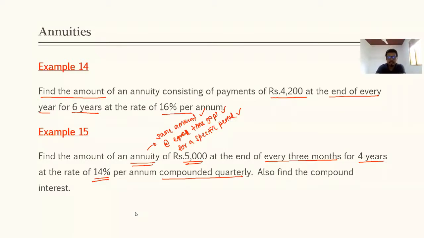What is the future value of this annuity? 5,000 at the end of every 3 months for 4 years at the rate of 14% per annum compounded quarterly. 5,000 means what? This is our P value, periodical payment. Once in every 3 months for 4 years.